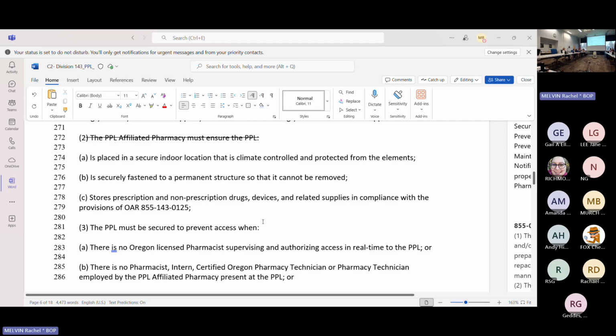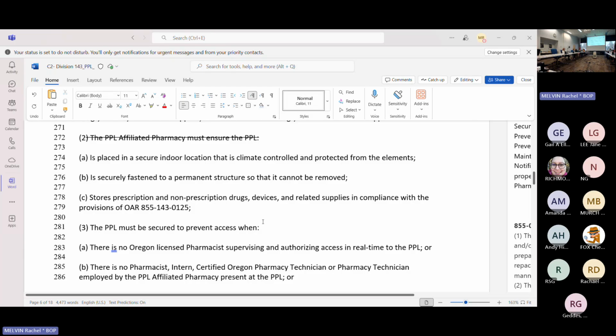Member Hall: I agree this is a bigger conversation, but I think that a trained unlicensed personnel should be able to refill the PPL. Recently we had a shortage of technicians.